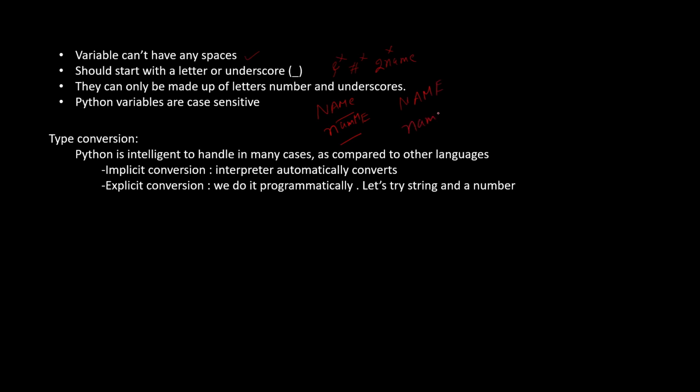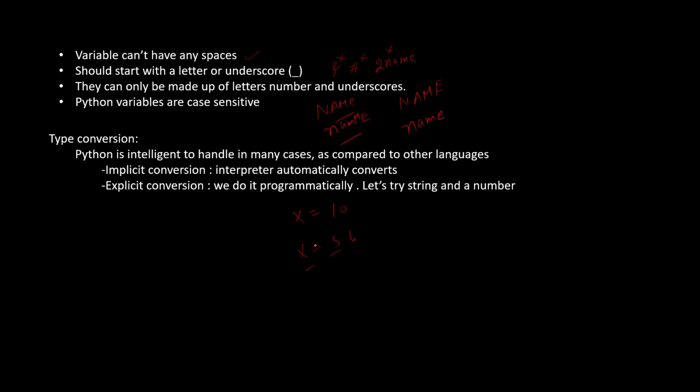Type conversion. Python is really intelligent and handles many things in this case compared to other languages. Python implicitly converts the types of some variables during execution. Sometimes you store data in a variable as an integer, but later it gets converted into a float, like x is 5.6, after some operations.